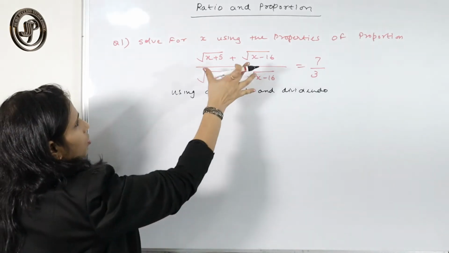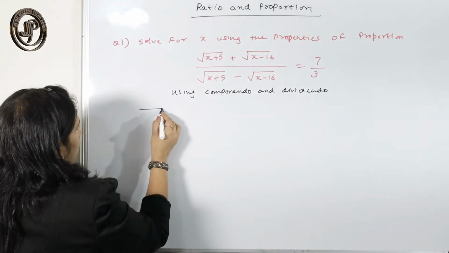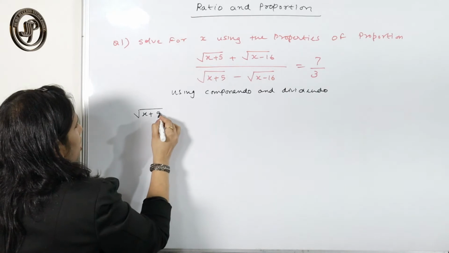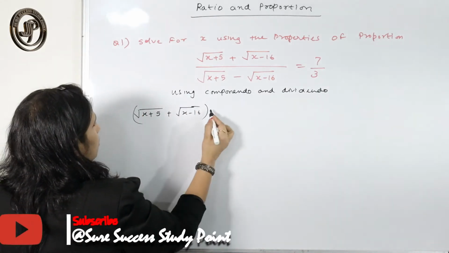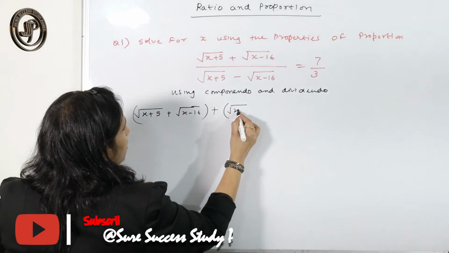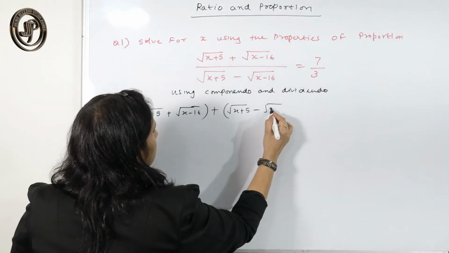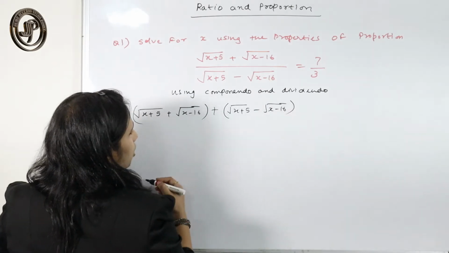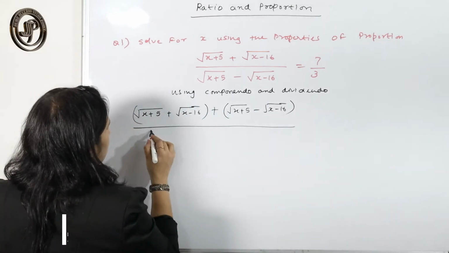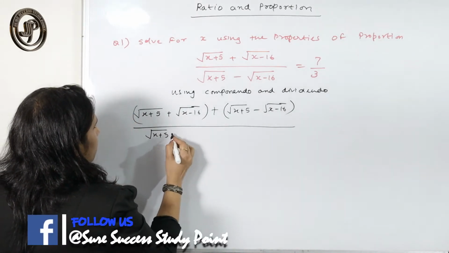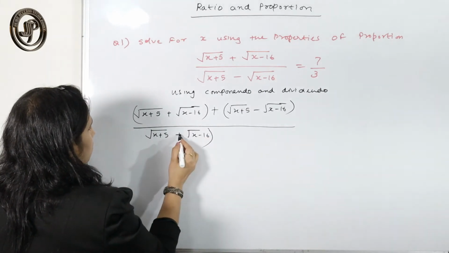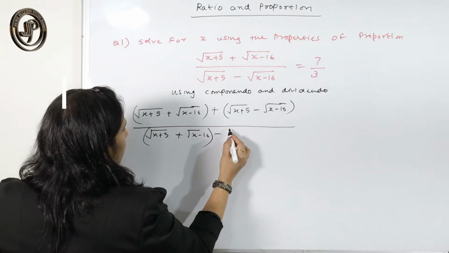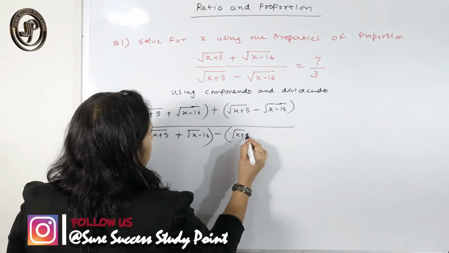This is your numerator, this is your denominator. Don't change the sign of anything in this step: numerator plus denominator. In the denominator, it is again numerator minus denominator.